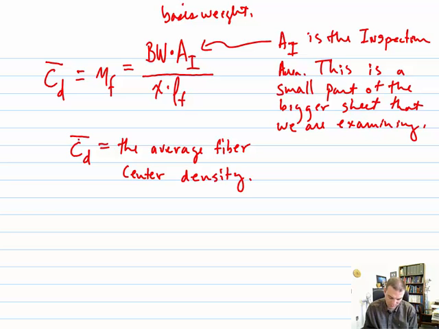When we work in statistics, whenever you see bar, that means the average of that variable. I call this center density. Why do I use the term center density?